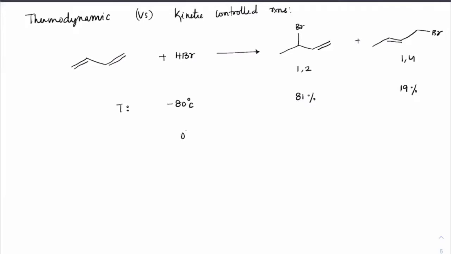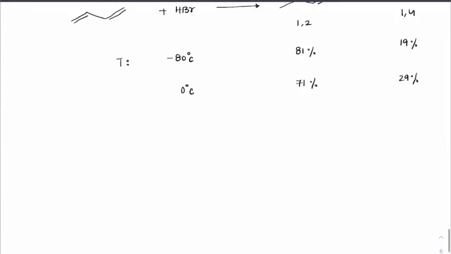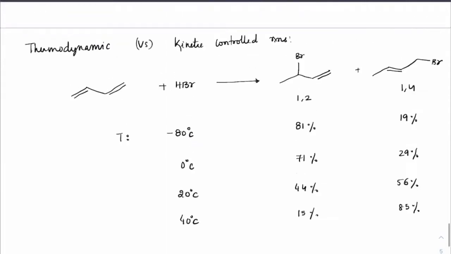When temperature is 0 degrees, this is around 71% and 29%. And when the temperature is around 20 degrees, this is around 44%, 56%. And when the temperature is around 40 degrees, this is around 15% and 85%. These are experimentally derived percentages.